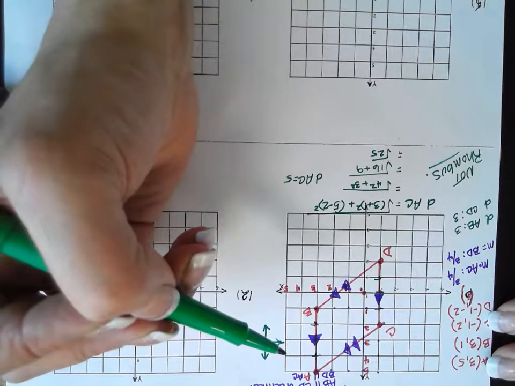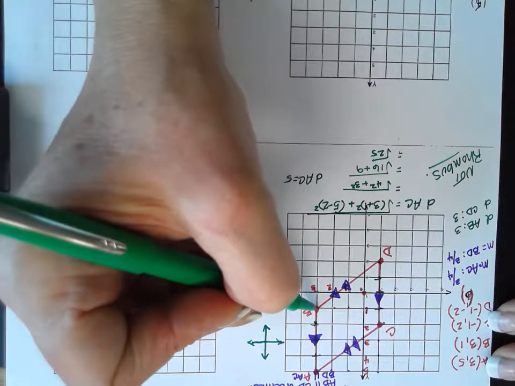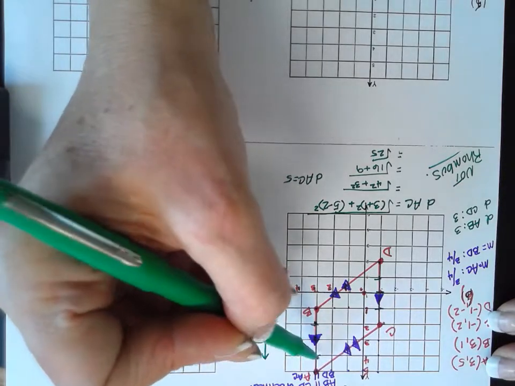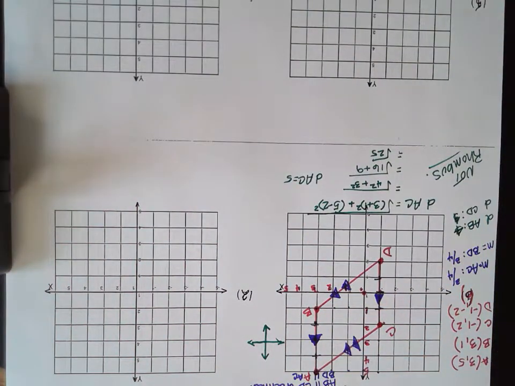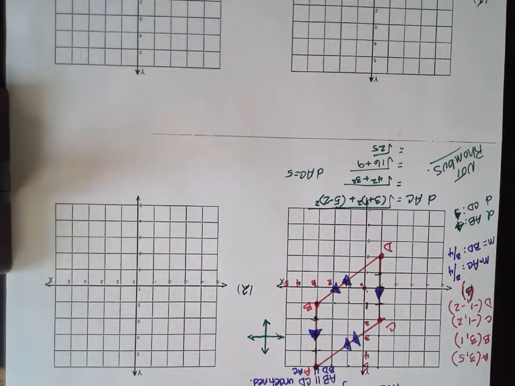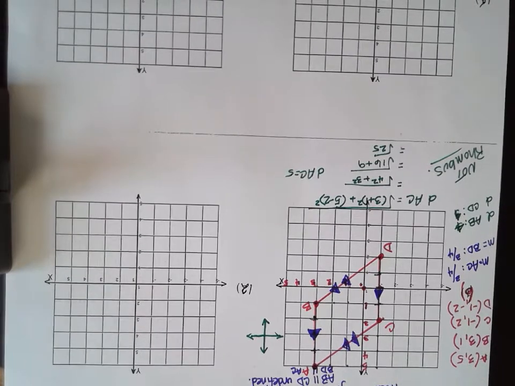Oh, oops, sorry. But 4 and 5 still are going to be different. But yes, you're correct. I'm sorry, I counted wrong.